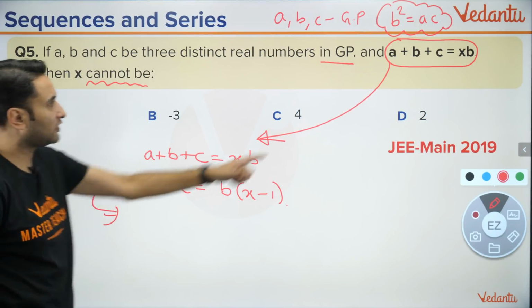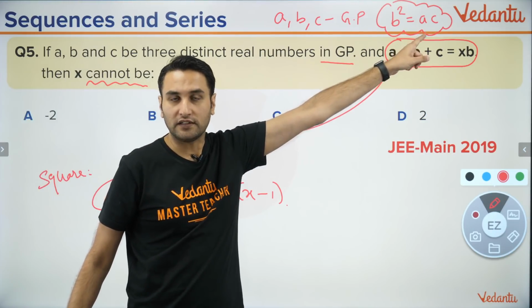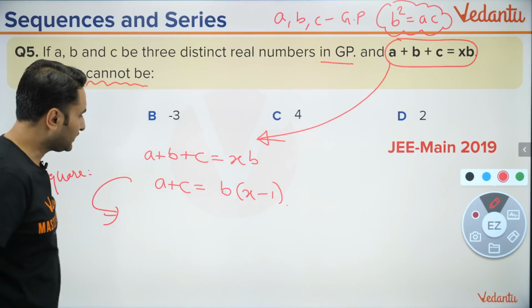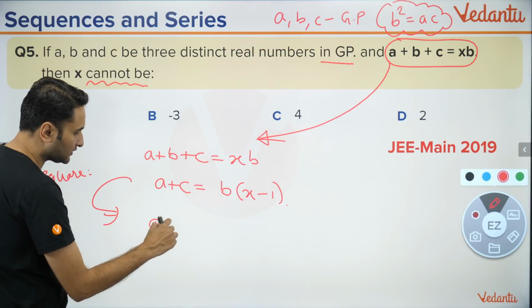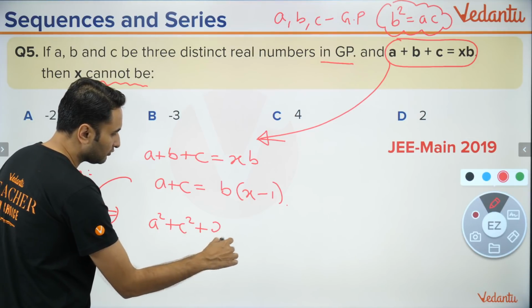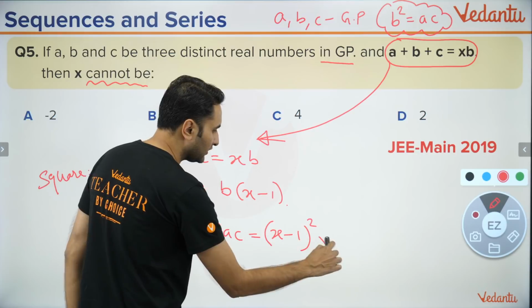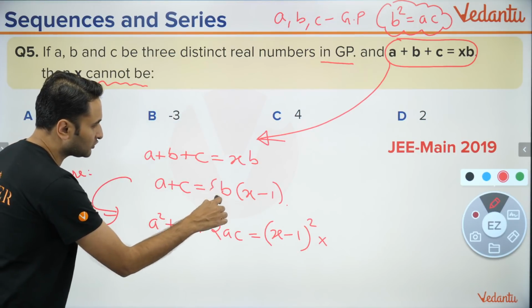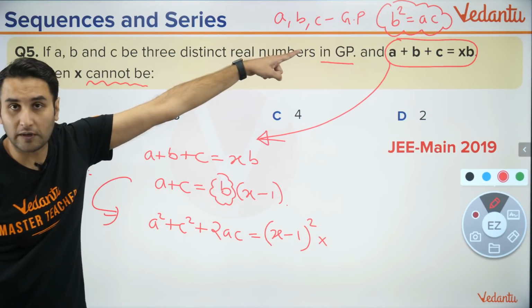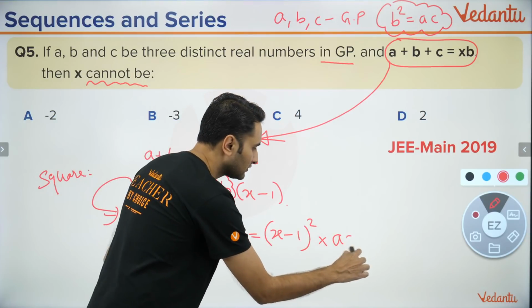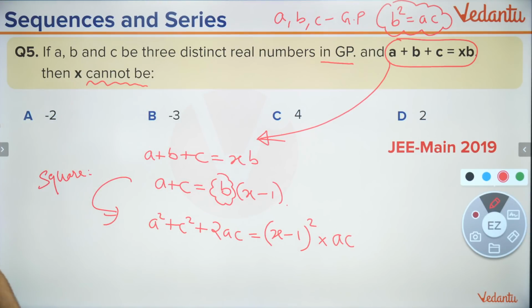Why am I doing this? Because ये relation use करना है ना, because that is given in the question, right? तो बच्चों क्या हो जाएगा? स्क्वायर करेंगे तो A square plus C square plus 2AC is equal to X minus 1 whole square into B square. But what is B square बच्चों? B square is AC. Can I write it AC? तो बच्चों क्या आ गया यहाँ से?